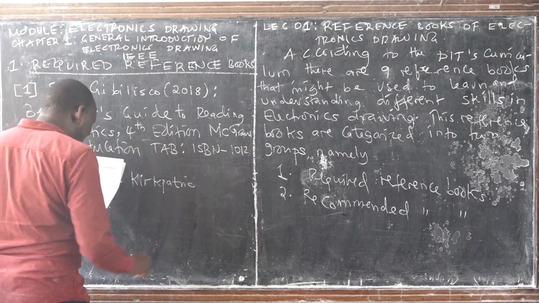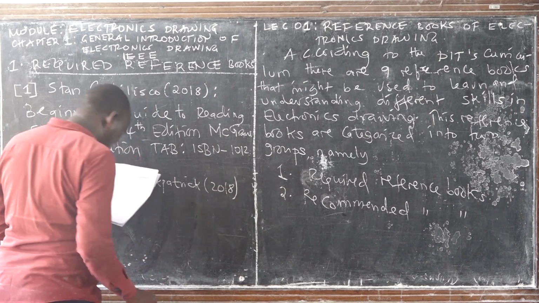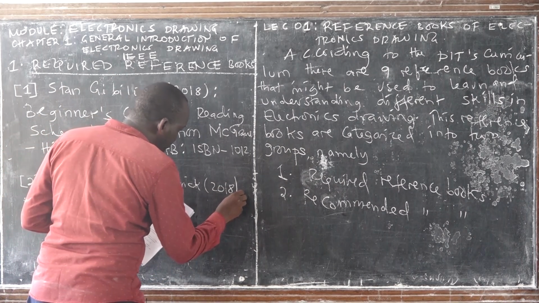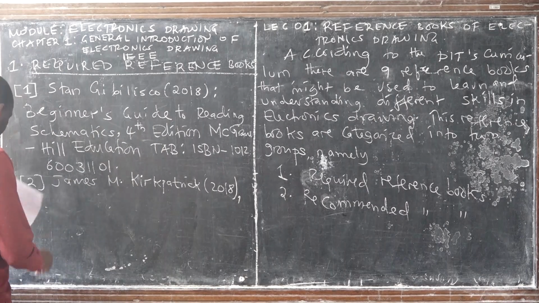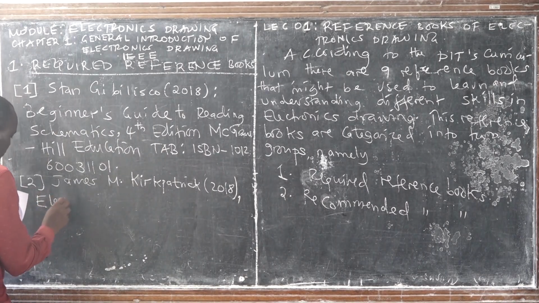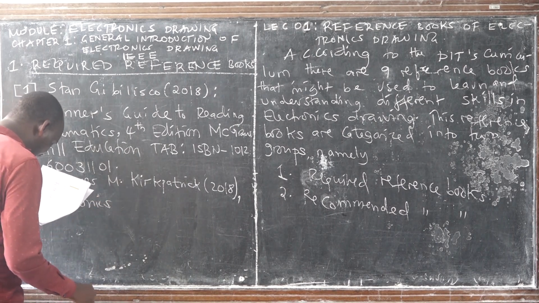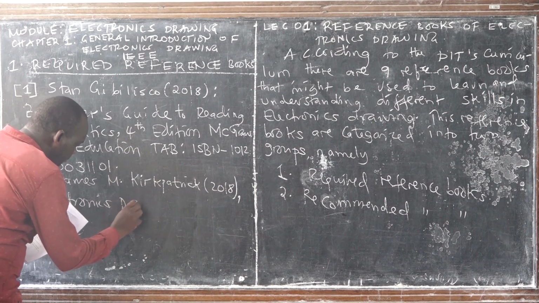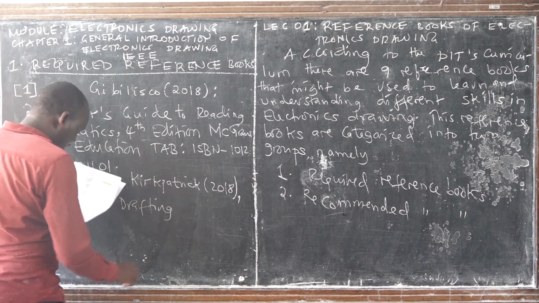So you have to listen carefully and ask questions, because next time I will need them. The name of the book is called Electronics Drafting and Printed Circuit Board Design.